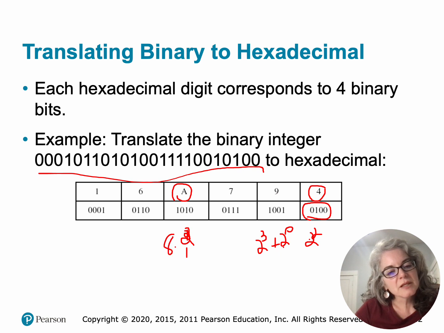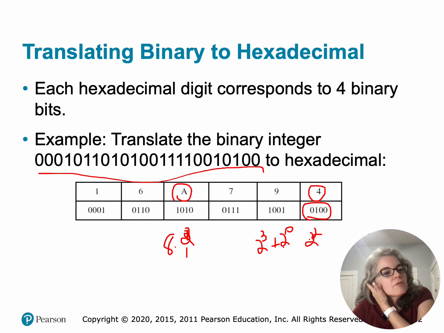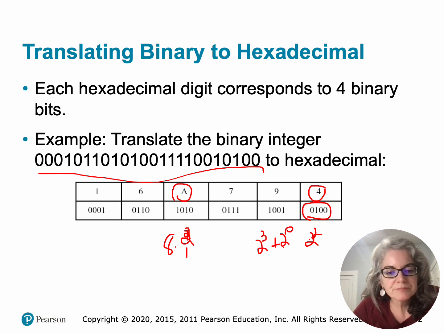And 8 plus 2 is 10. And then this one is 6, and this one is 1. So for every 4 binary bits, you have 1 hexadecimal number. And hex means 16. So this is 0, 1.